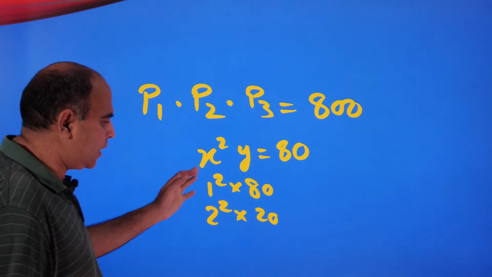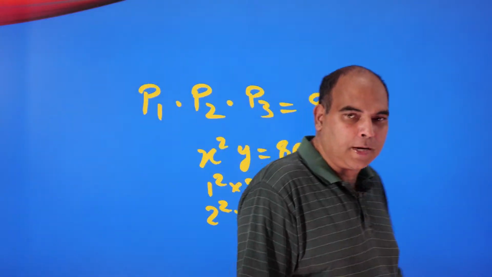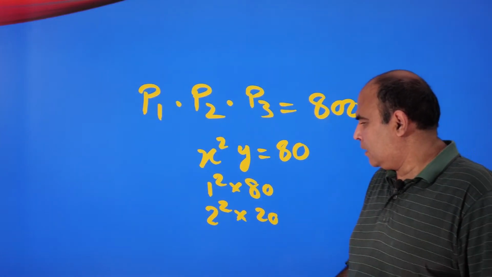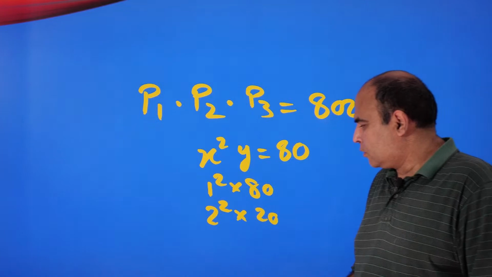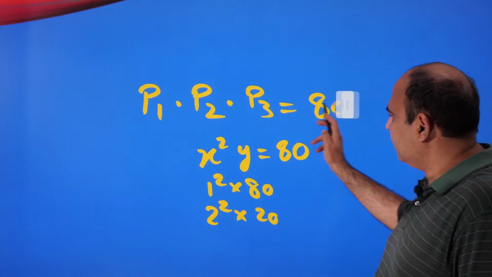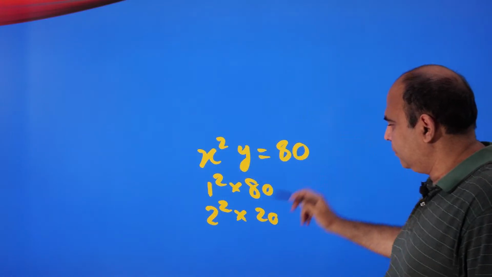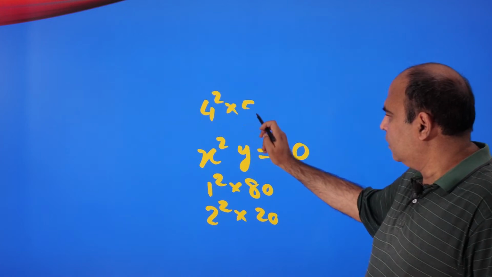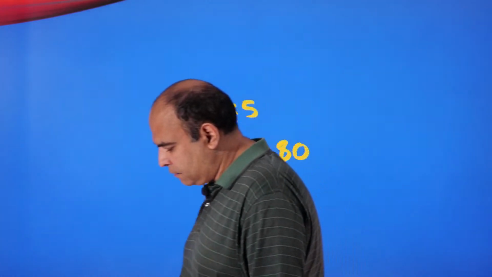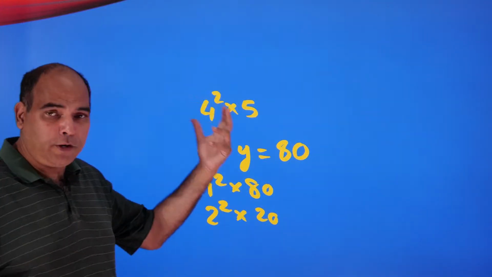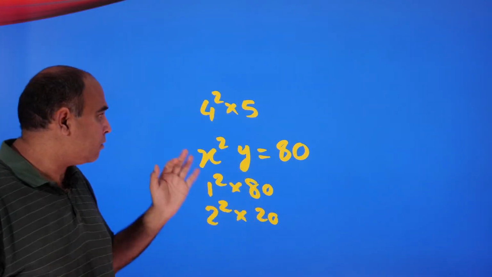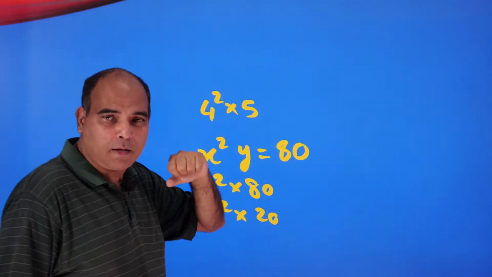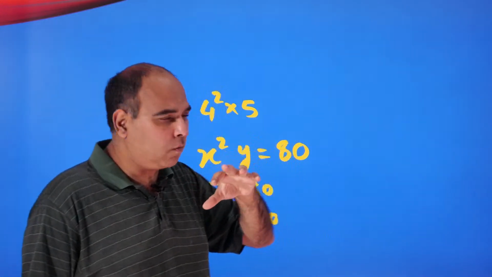I can't think of 3 square. Of course, it can happen that the value of x square is 3 square and y is 80 by 9. So that can happen, but it's unlikely. So my other values for x square y, 2 square, 3 square doesn't work, 4 square into 5 does work, and then we have 5 square into 3.2, not something that I want to check right now. 6 square again into a decimal does not check out. 7 square into something like 80 by 49 does not work out much.